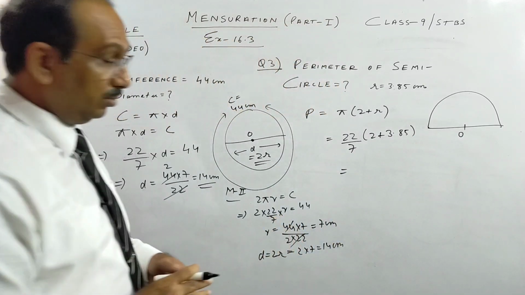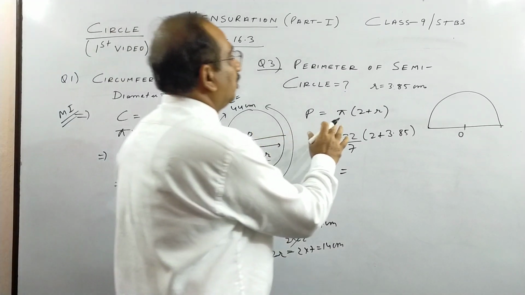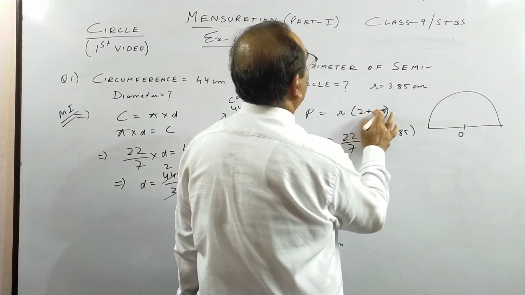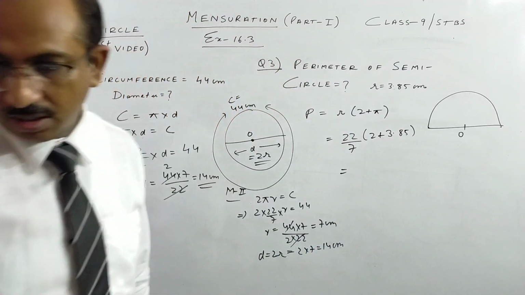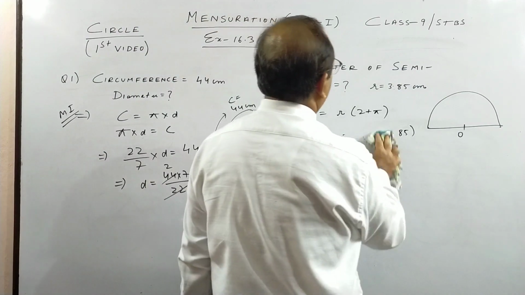If you see nicely, the formula was r times 2 plus pi, children, is our perimeter.